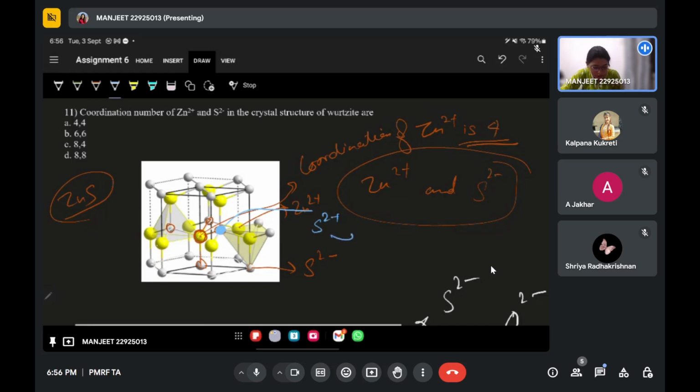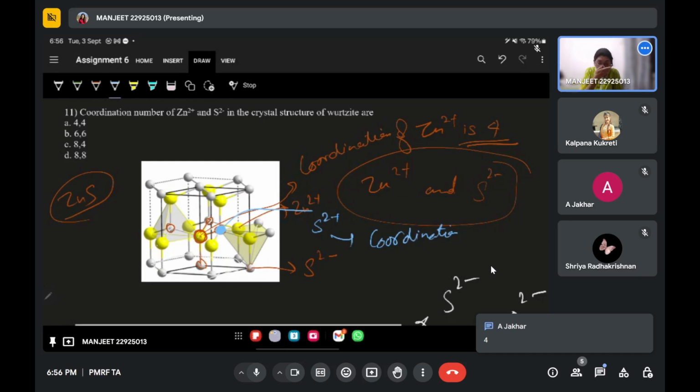That will be your coordination number. Check one and tell me what will be the coordination number for this S2 negative.